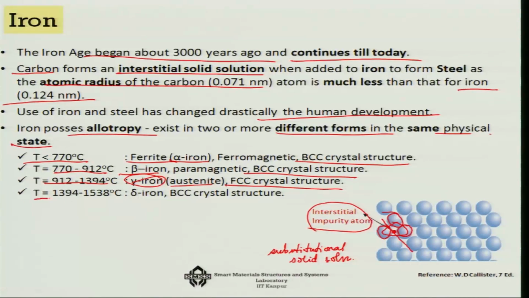Again, beyond 1394 to 1538, you get another phase of iron, which is delta iron, and it has a BCC crystal structure.